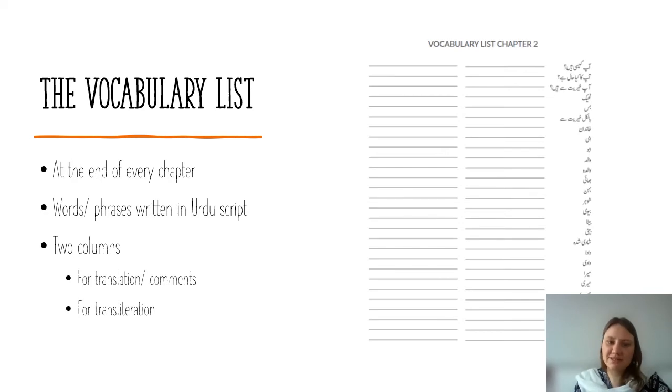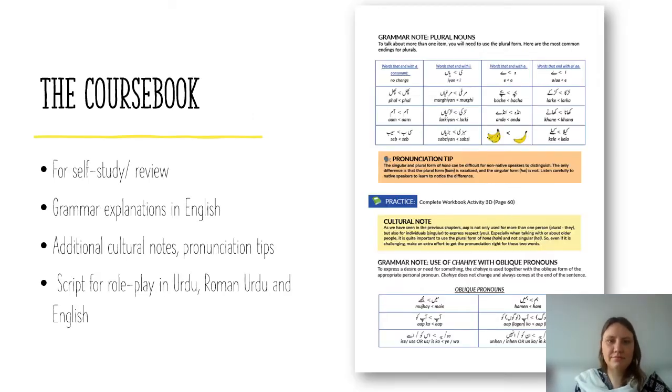While for them that's not an issue, for non-native speakers learning the language, it can really mess up your pronunciation. So this is why we did not write it here in Roman Urdu or some kind of transliteration. During your class, or at the end of each chapter, the teacher will read out these words to you, and then we want you to listen very carefully, and you can write your own transliteration. So that's the vocabulary list.